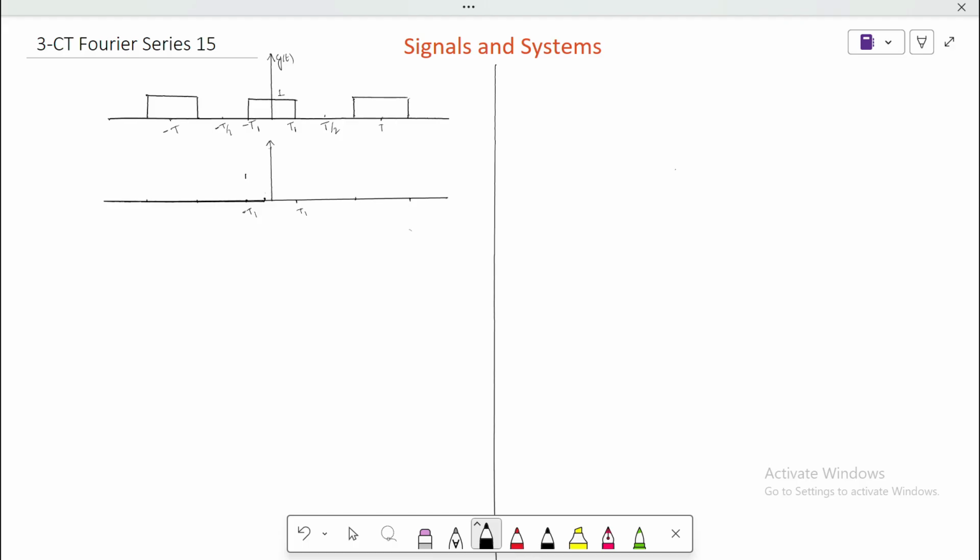At minus t1 it is rising, so this is one impulse, upward.